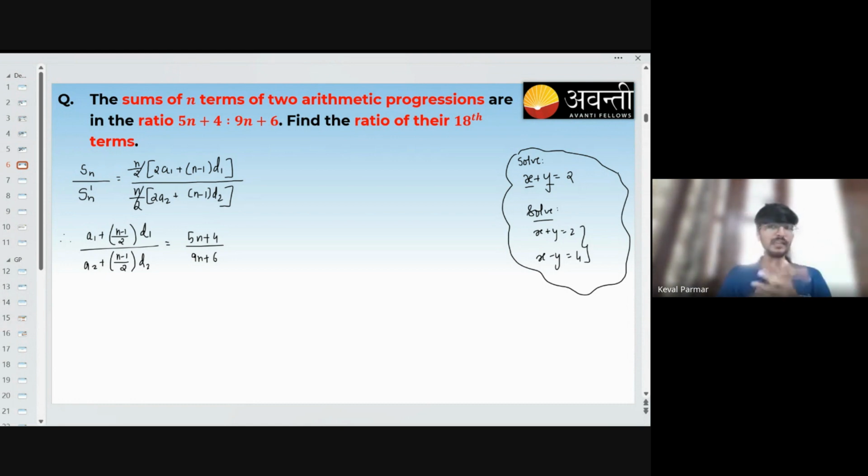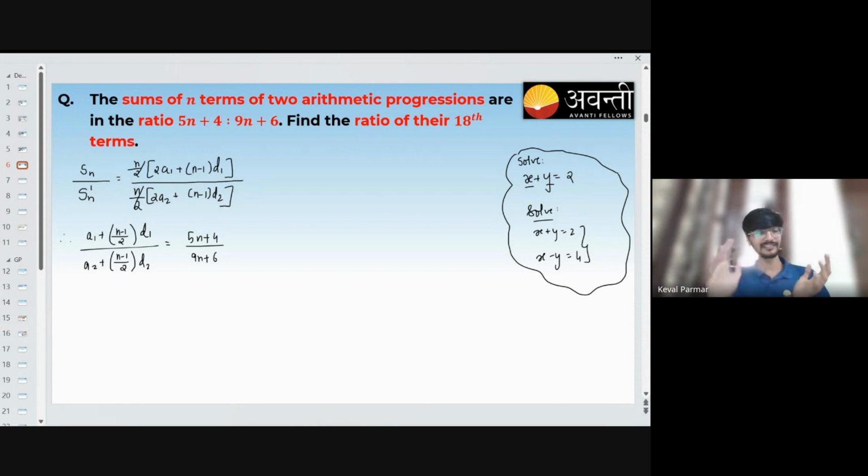In AP, mainly we are looking for the first term, that is A, and the common difference. Because all the formulas of AP, the nth term Tn or Sn, are based on A and D. So if I have A, the first term, and the common difference, I can find anything of any AP. Got it?